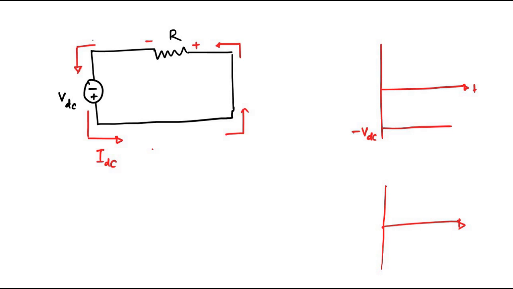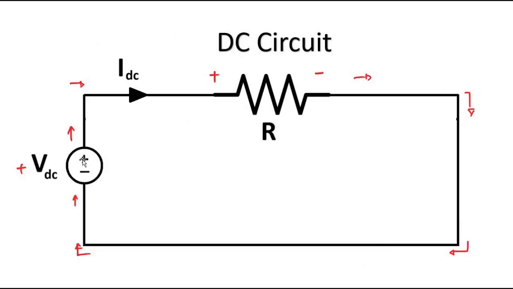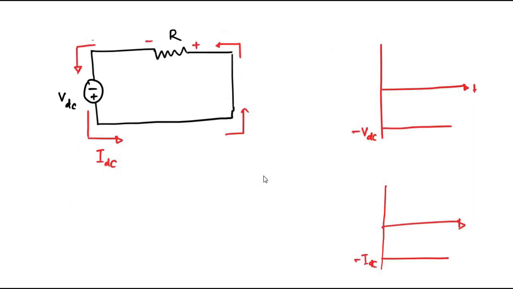The minus sign signifies the opposite direction with respect to this diagram. Plus VDC means the current is flowing in the clockwise direction, and in this case the current is flowing in the opposite direction.